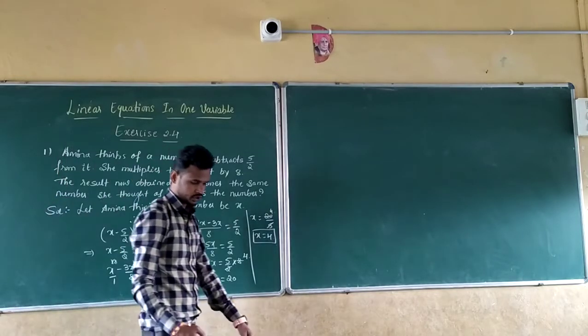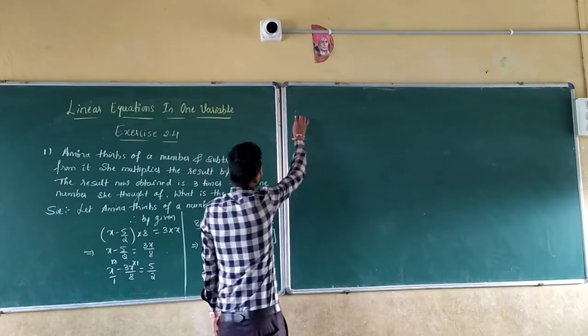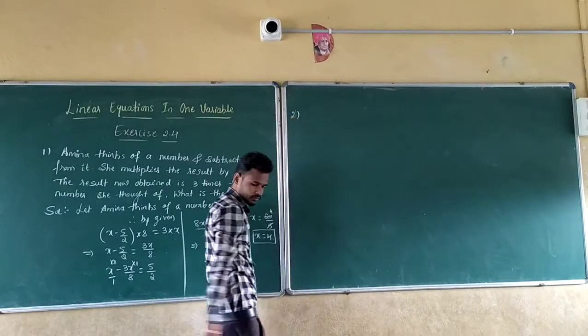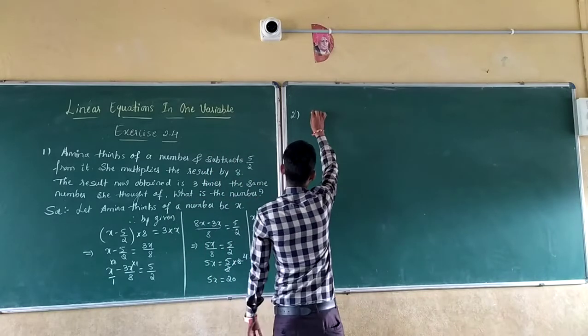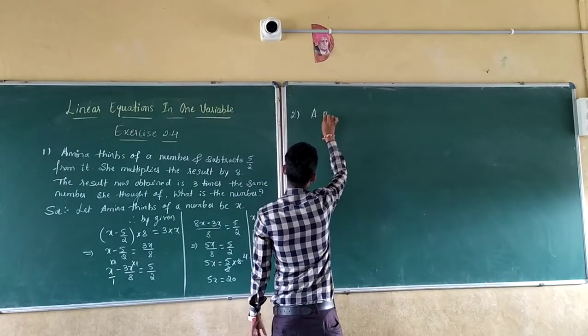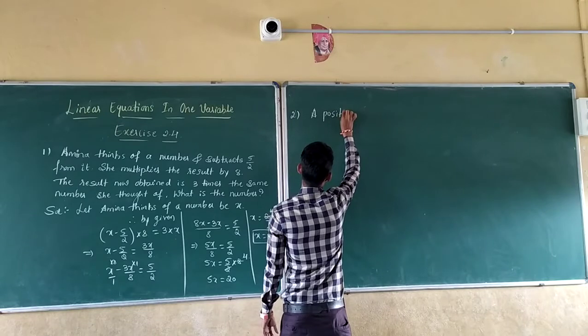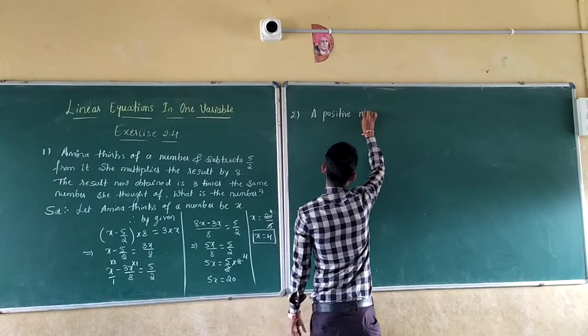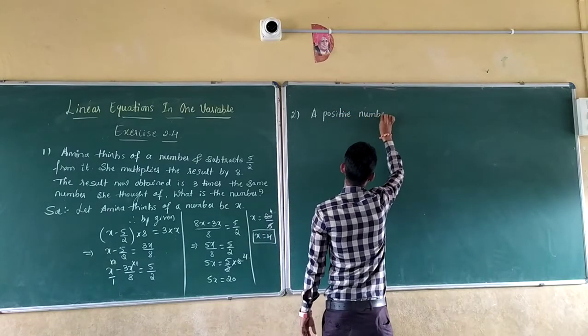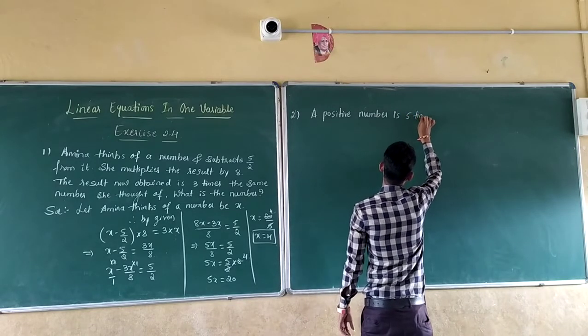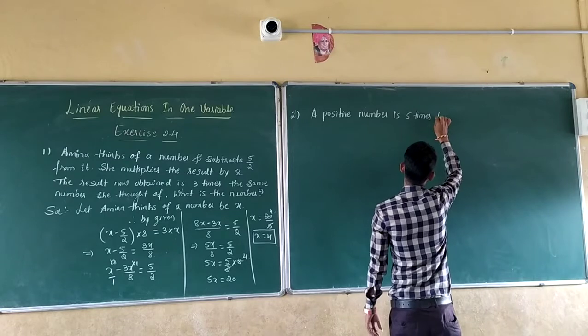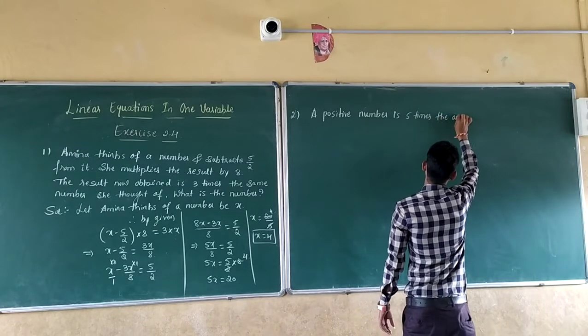Now let us see the next question, the second one. A positive number is 5 times another number.